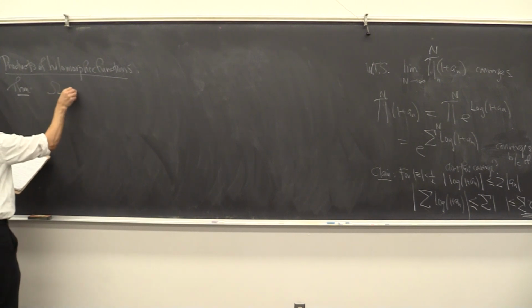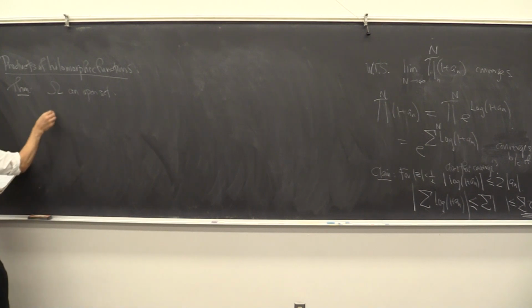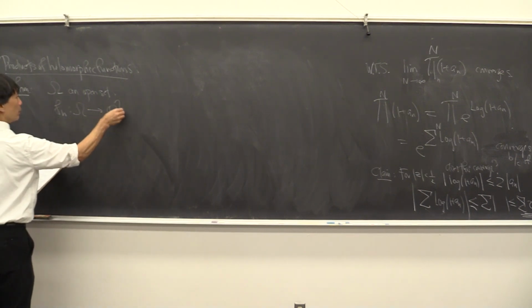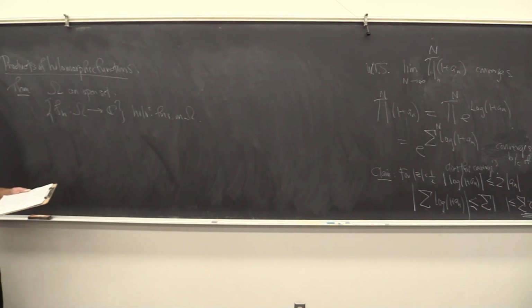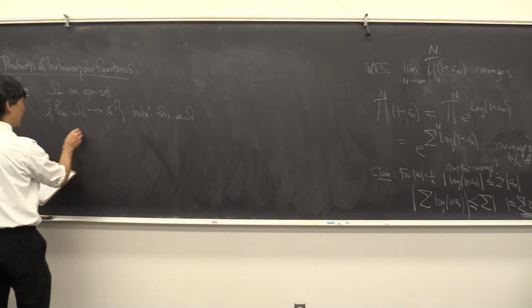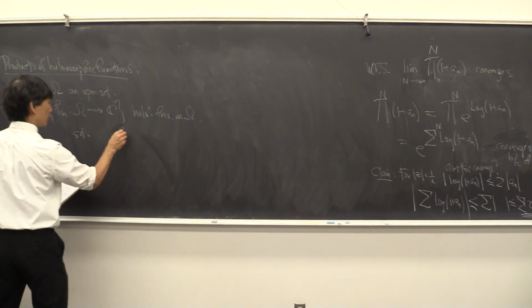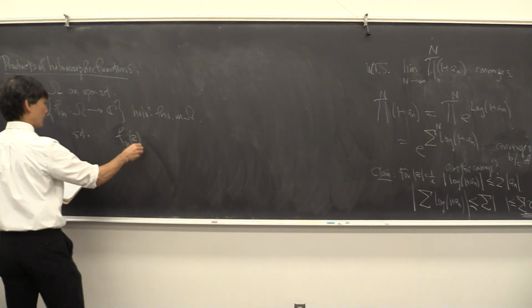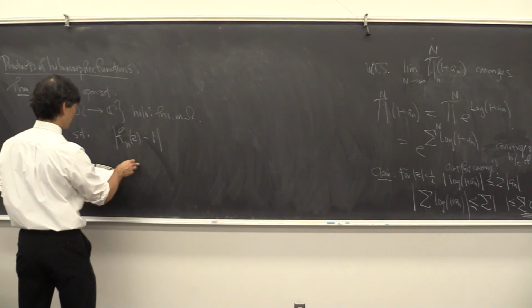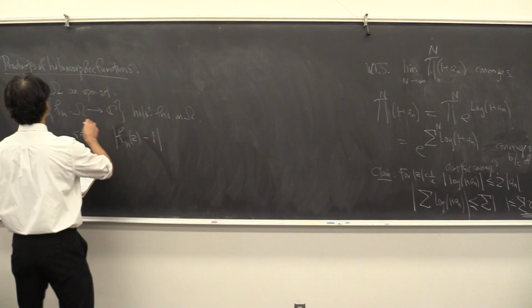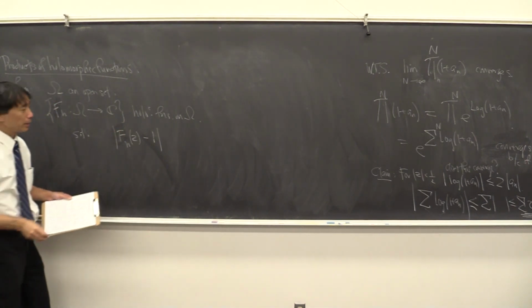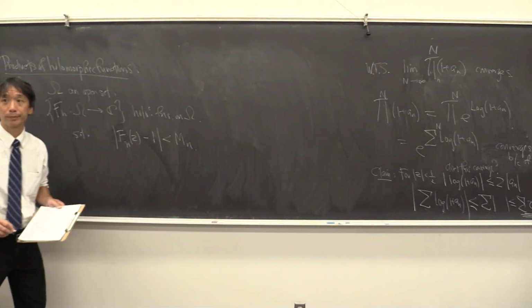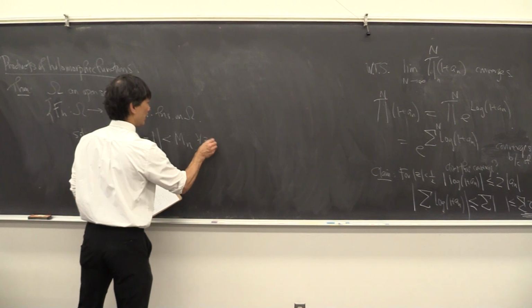So you have omega an open set, and you have an infinite number of holomorphic functions, capital F sub n, since that's how I have it in my notes, such that their distance from 1 is controlled by some bound m sub n, for all z in omega.